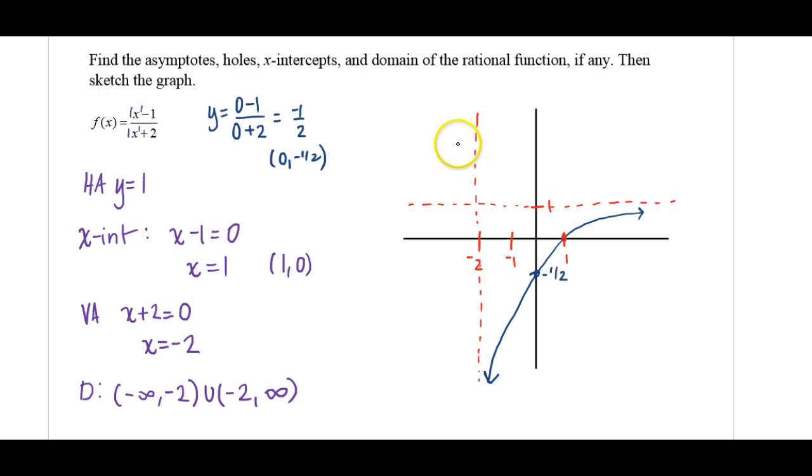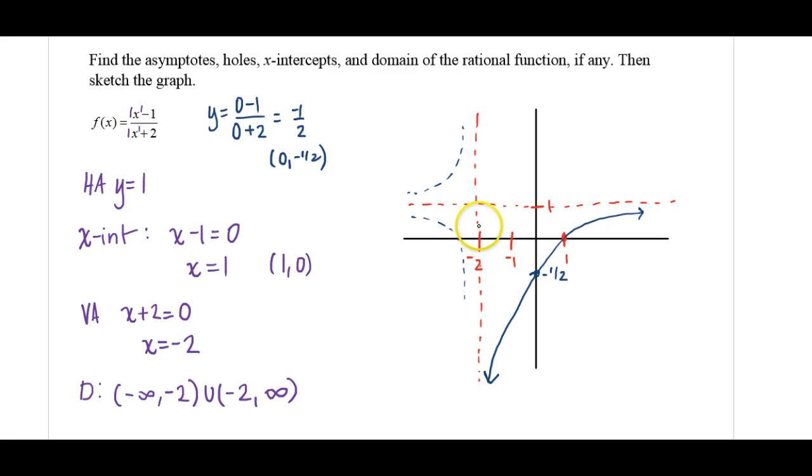Now, I have two options over here. I could either have a graph that's up here, or I could have a graph that's down here. If you notice, this option here approaches this horizontal asymptote and this vertical asymptote. So does this one. So how do I know which one to choose? Well, this bottom one would have to cross the x-axis, which would mean there has to be another x-intercept.